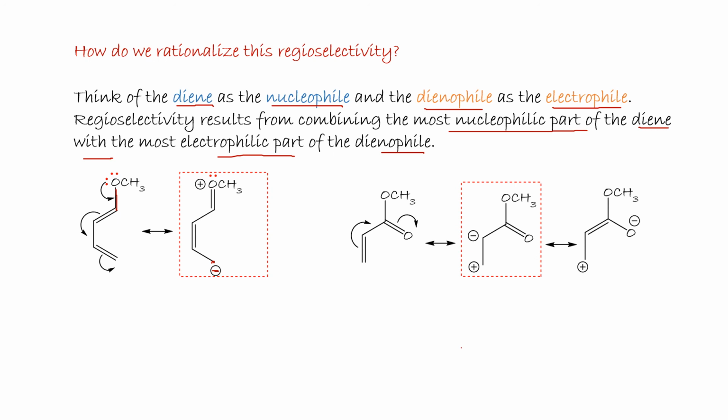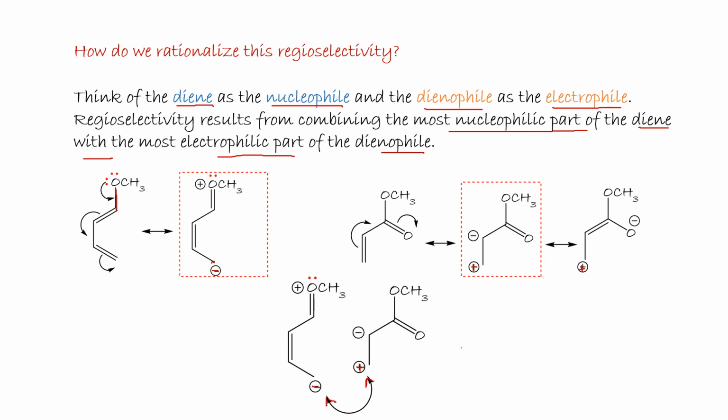For the dienophile, the electron-withdrawing ester group will put the positive charge on this carbon. If we combine these two species, they will react when we combine the negative and positive, right?